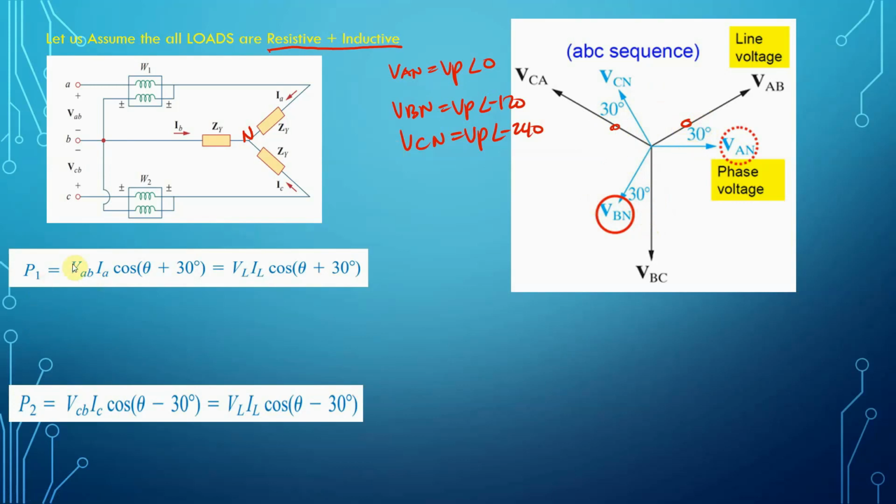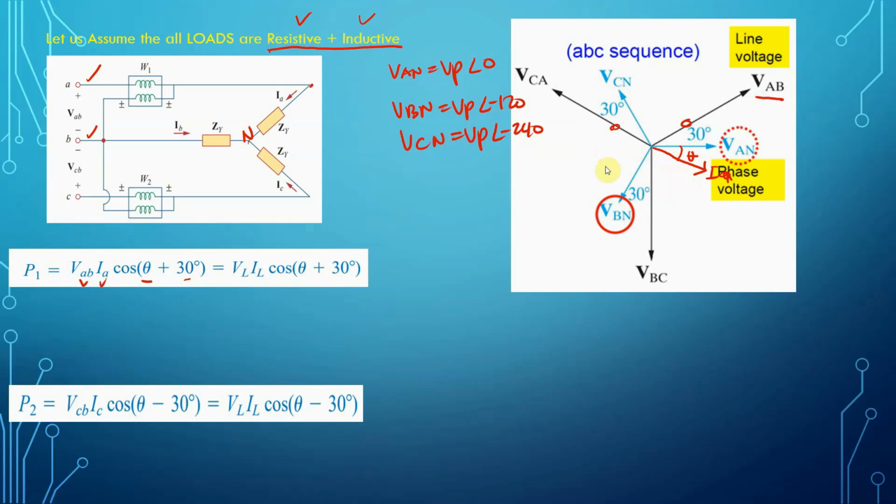Now, observe P1. P1 is VAB multiplied by IA, cosine of theta plus 30. So, where is IA? We have a resistive load and inductive load from this impedance. It means to say we have a lagging current, right? So, because this is resistive and inductive, we can assume that this is our IA, with an angle theta with respect to VAN.